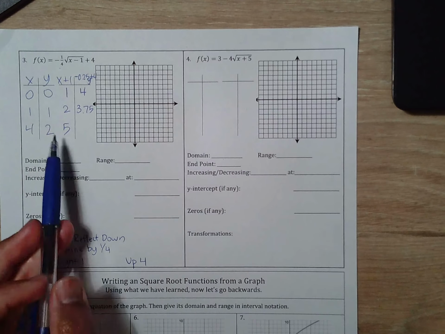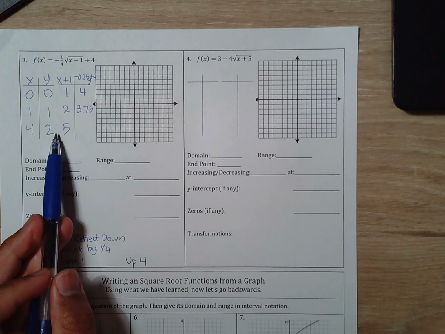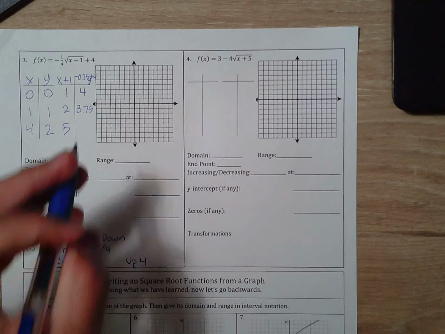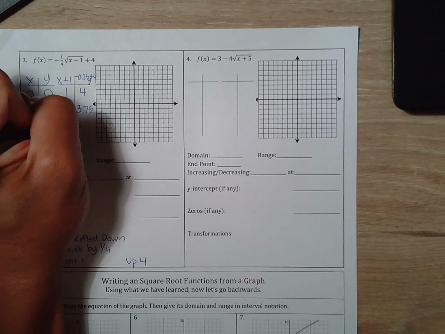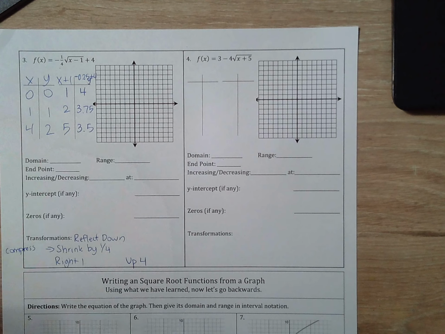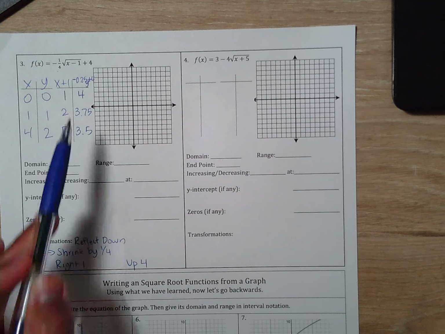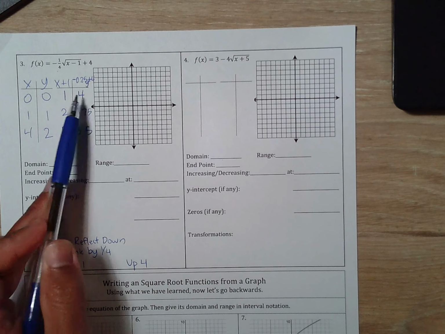And then 2 multiplied by negative 0.25, that's going to be negative 0.5. And negative 0.5 plus 4, that'll give me 3.5. Yeah, so this graph is going to be tiny. And that makes sense, right? We're shrinking our graph by 1/4. So that's going to be a little bit smaller.